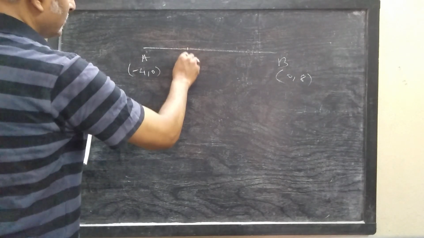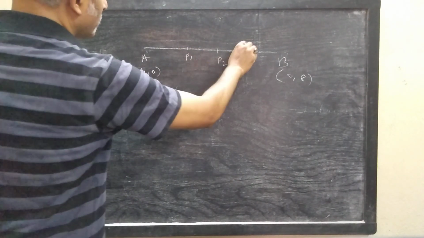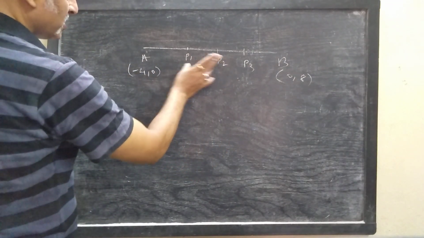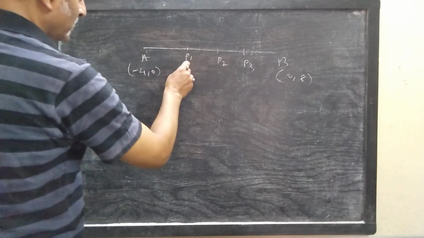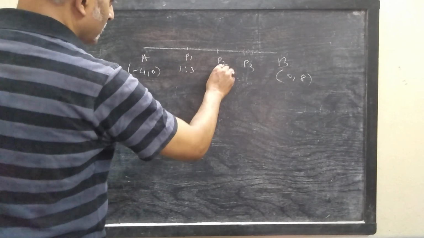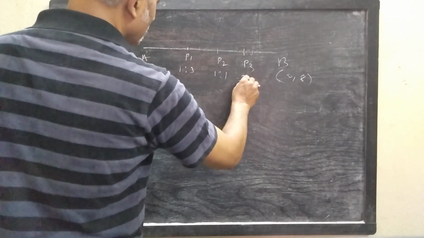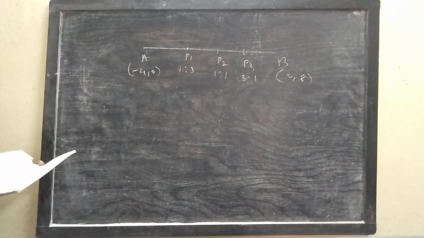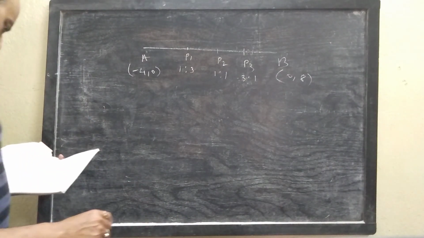So there will be 3 points, P1, P2, P3, for these 3 points make 4 equal parts, 1, 2, 3, 4. So P1 divides it in the ratio 1:3. P2 will be the midpoint, that is 1:1. P3 will divide AB internally in the ratio 3:1. So you can find the coordinates of them. Just take the answer to verify it.